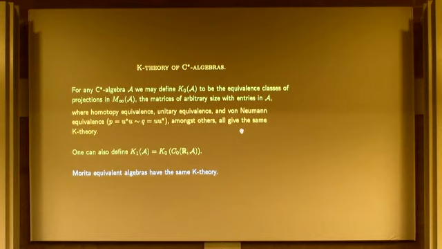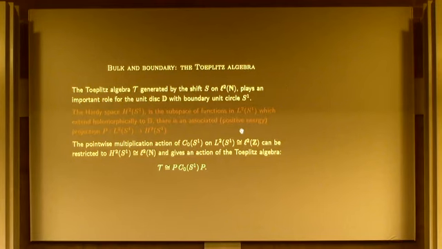And necessarily Morita equivalent algebras have the same K-theory because they have the same representation theory, and therefore the projections you're going to get are also going to be equivalent. Okay, so that was the background.